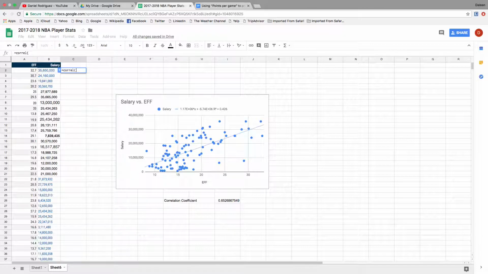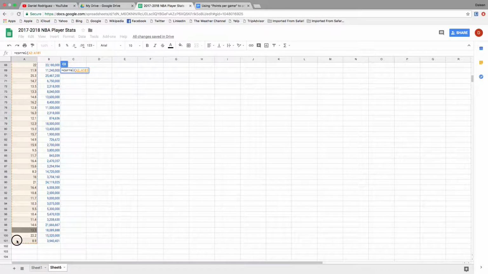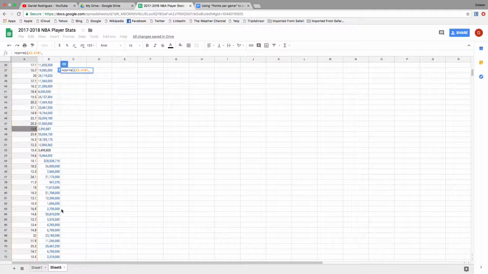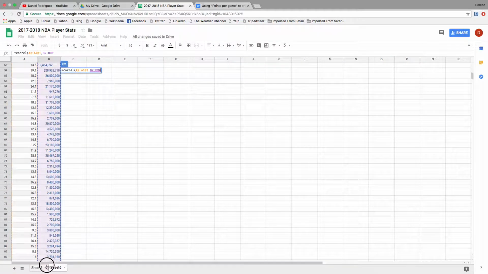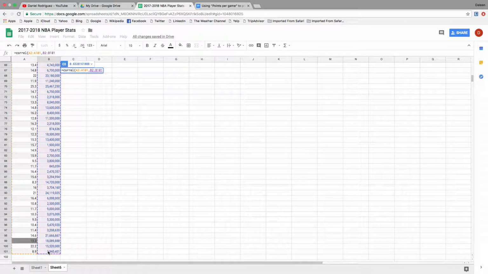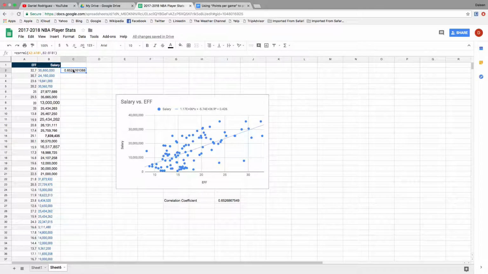It should be CORREL. And then your x data, and your y data. It would be the same if you put y first or x first. So yeah, we got a correlation coefficient of 0.6528, and here we got 0.6527, so close enough.